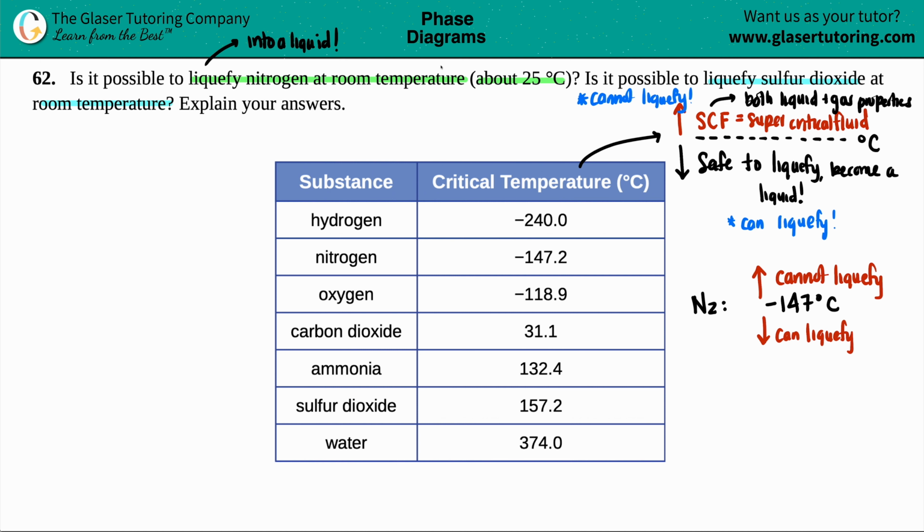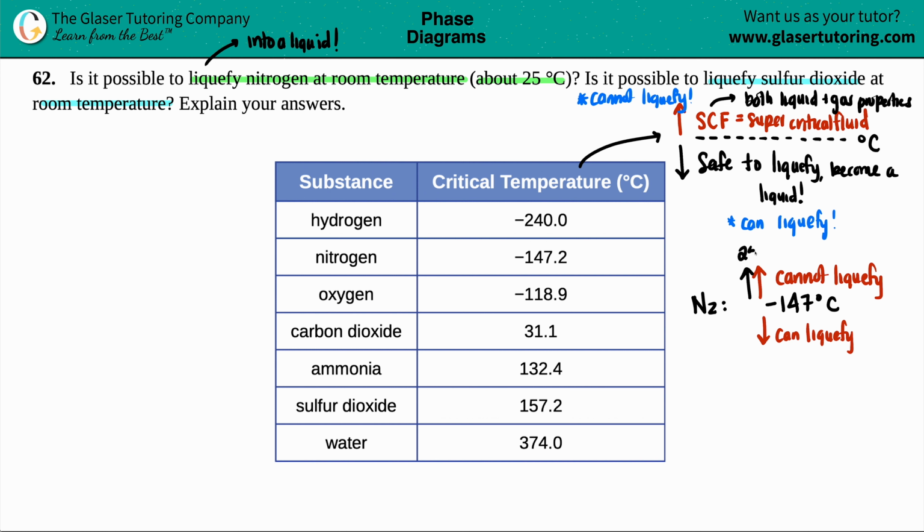So now the question is, can we liquefy nitrogen at room temperature, which is 25 degrees Celsius? Where would 25 degrees Celsius be on this chart? Would it be above negative 147, meaning more positive, or would it be below negative 147? Yeah, it would be above.